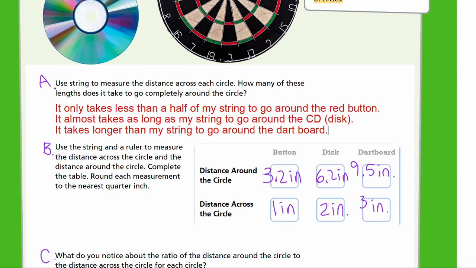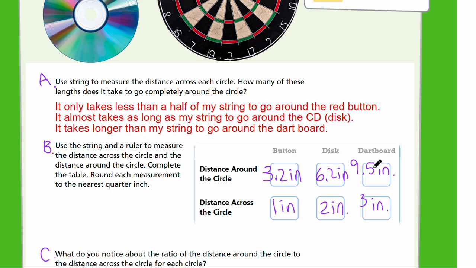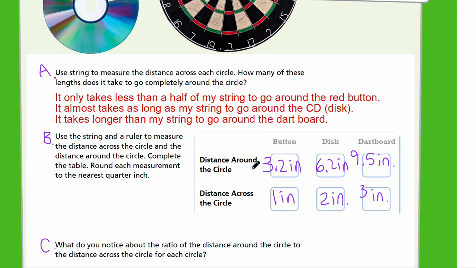So what do you notice about the ratio of the distance around the circle to the distance across the circle? Around to across, so 3.2 to 1 would be the fraction 3.2 over 1. 6.2 over 2 is about 3.1, and 9.5 divided by 3 is about 3.2.